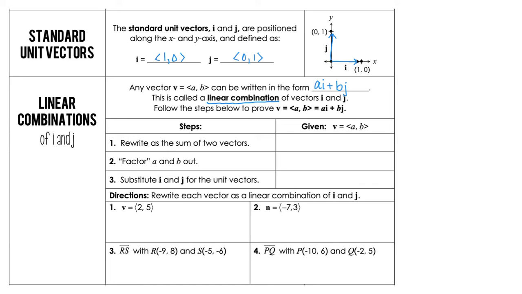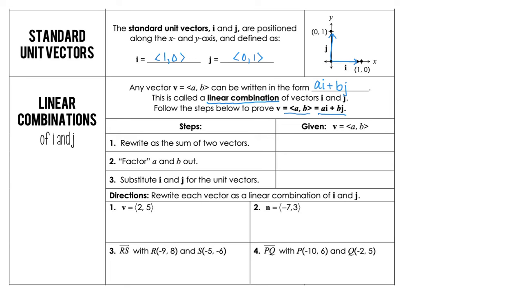So here's another vocabulary word that you need to add to your list. And you follow the steps to prove that this is equal to Ai plus B times j. So you rewrite the two vectors.